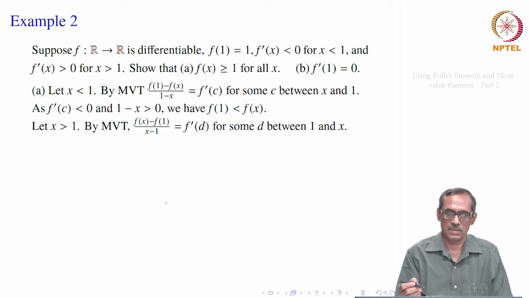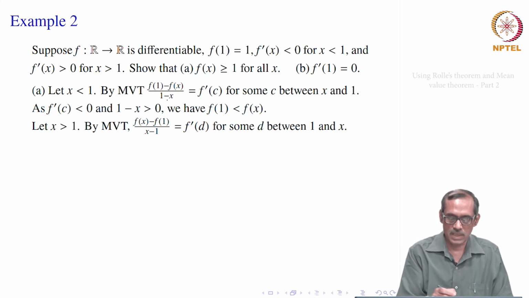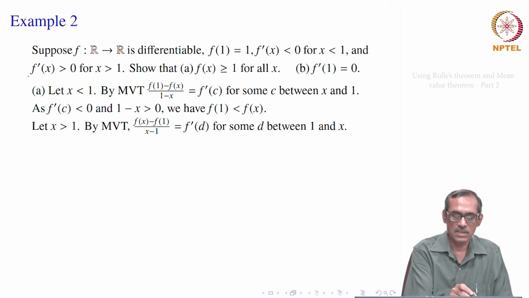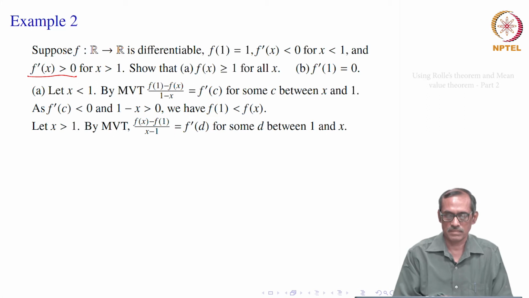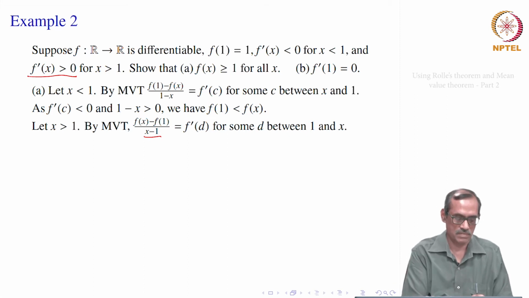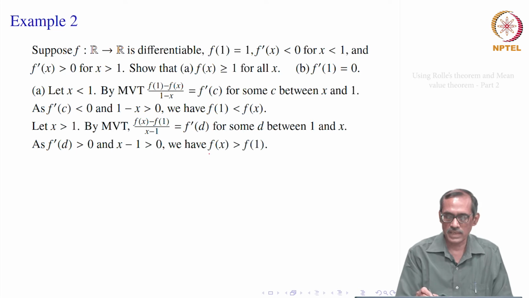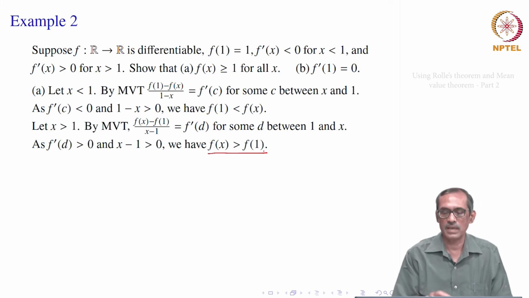Okay. So, now again we consider the same way, which one is negative, which one is positive. Here first thing we know that f prime d is positive and x minus 1 is positive. Therefore, f x minus f of 1 must be positive. So, it says that f of x is bigger than f of 1.